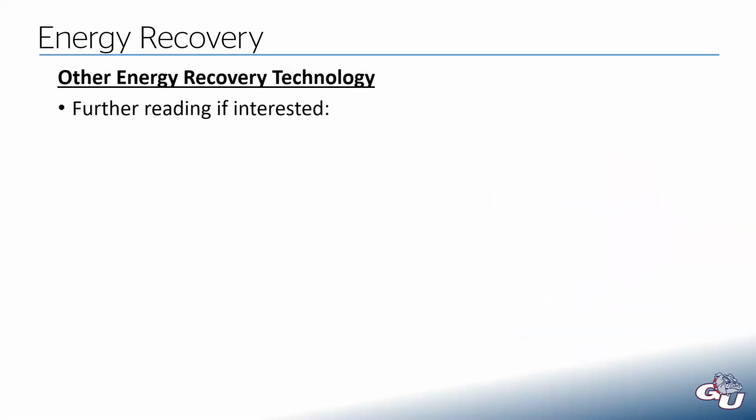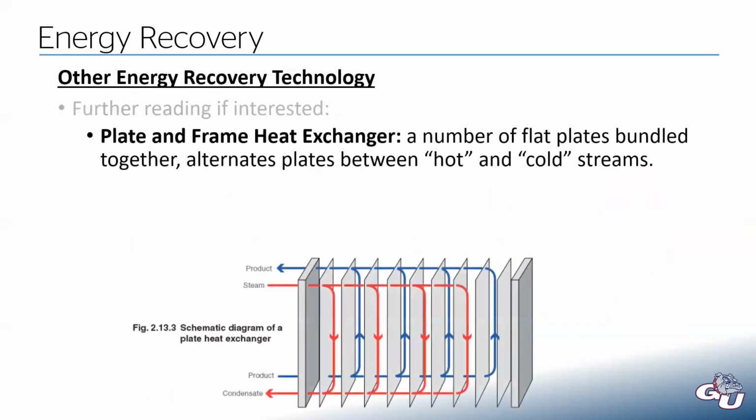And then last up, we have what's called a plate and frame heat exchanger. The idea here, and this is kind of an exploded view a little bit, you have a number of these flat plates that are bundled and sort of sandwiched together. In these plates, we're going to alternate between our hot and our cold streams. And this would be a water-based system.